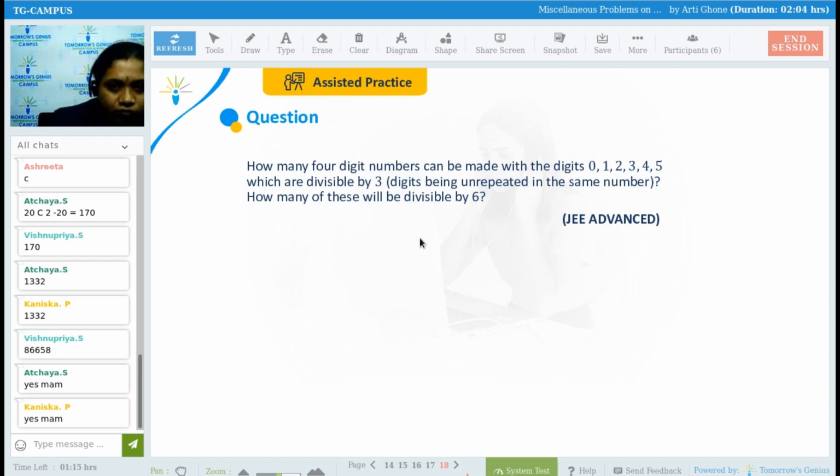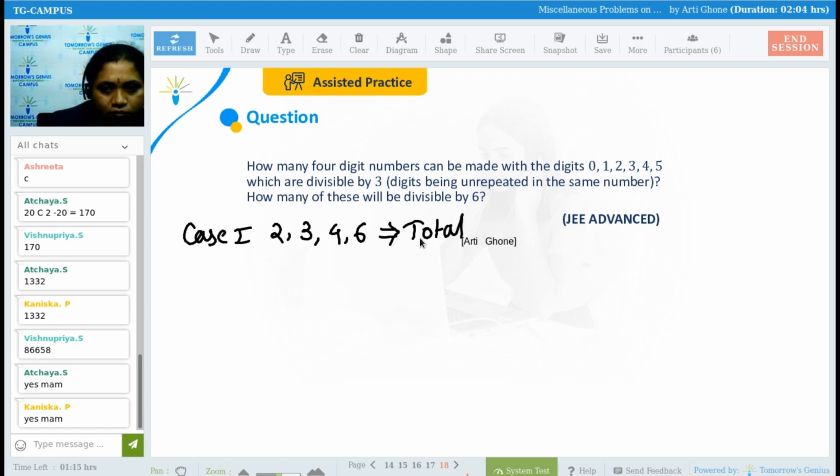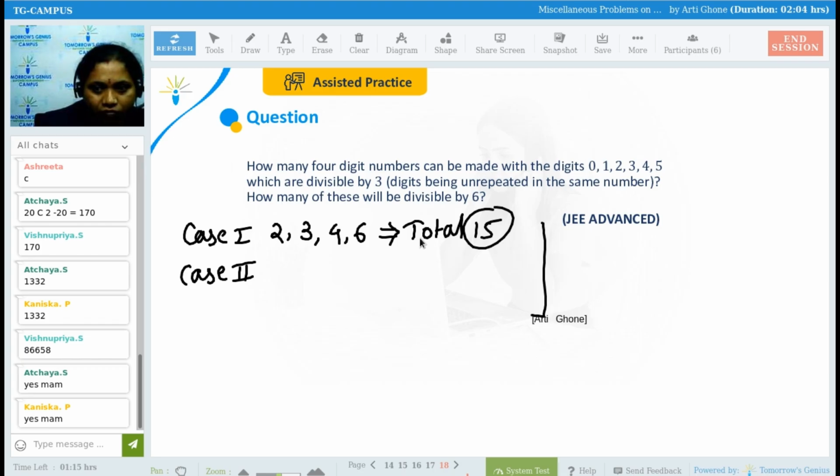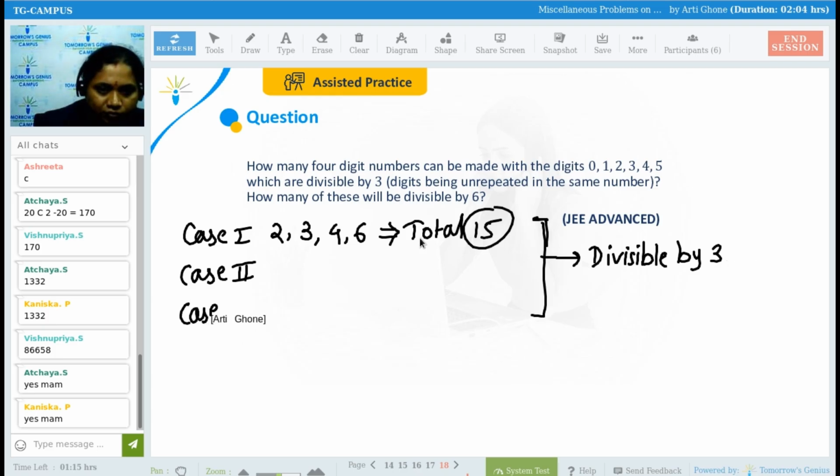Either case 1, see the total is equal to how much? 15. Can you tell me other cases? We are taking divisible by 3 first. Can you tell me another case? I'm expecting cases from you. At least cases you can make.